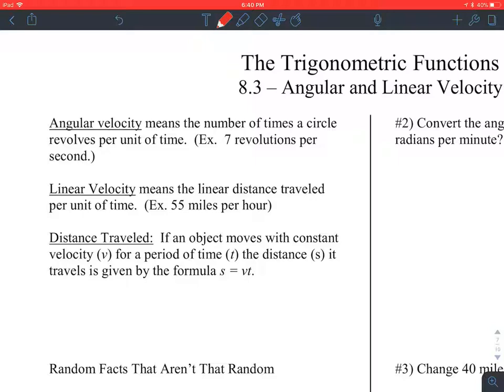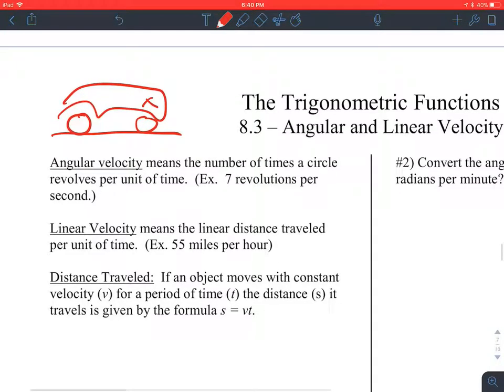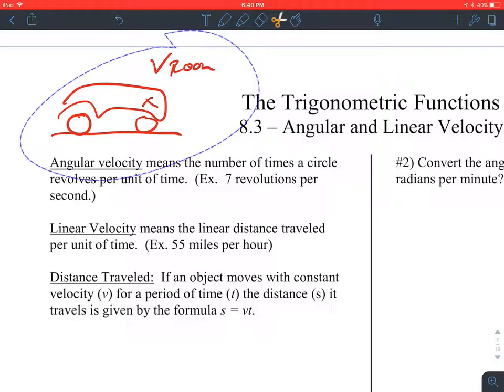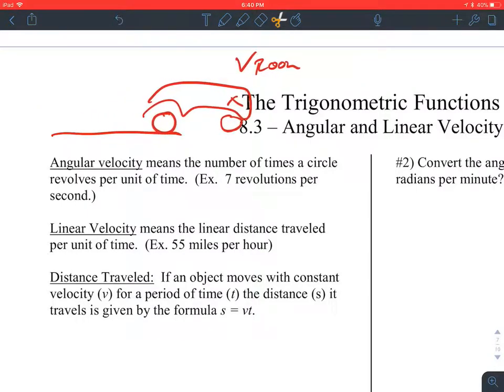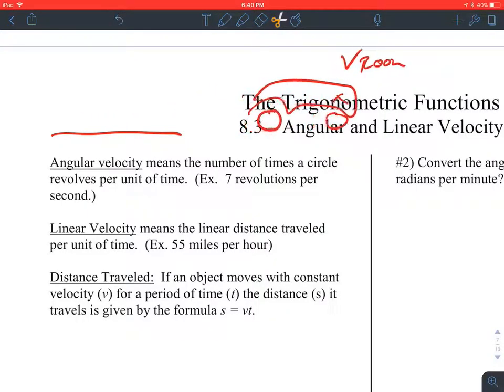Linear velocity is like when you're in a car. If you have a wheel going around and you're measuring how many times it goes around in a unit of time, that's angular velocity. If the wheel's on the ground and you're pushing a car forward, and this car goes forward and it's going 10 miles an hour, its linear velocity is 10 miles per hour.